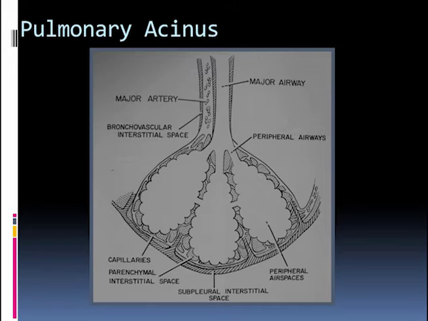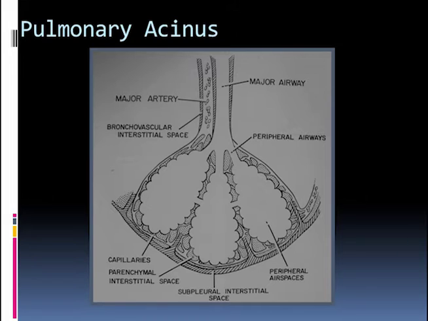And these air sacs are designed so that we can exchange oxygen and carbon dioxide across the thin membrane that separates these air sacs from the network of blood vessels that surrounds them. And the blood vessels, of course, are supplied by the artery. So in between the 2 of them, we have what is called the parenchymal interstitial space.